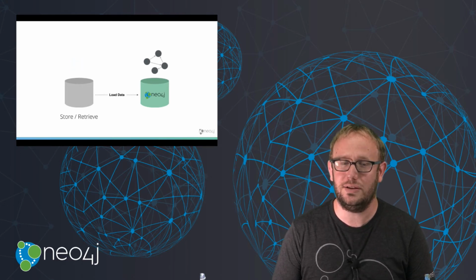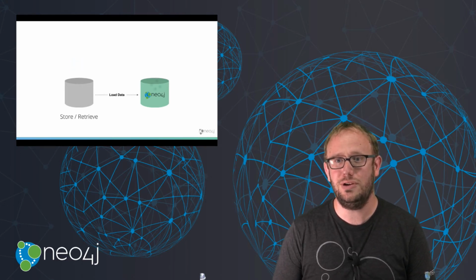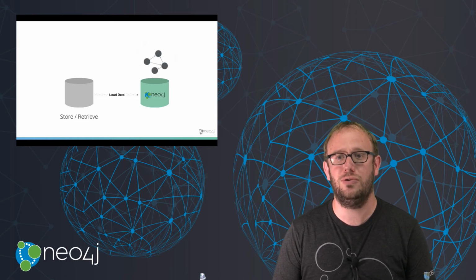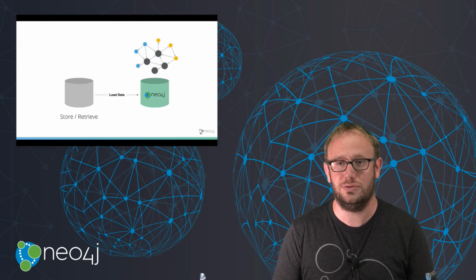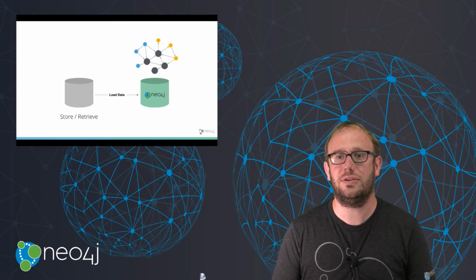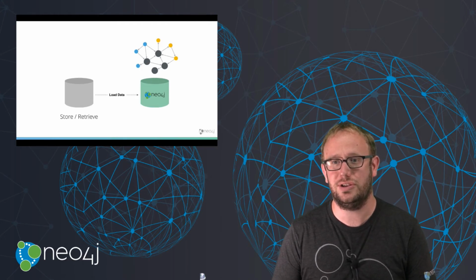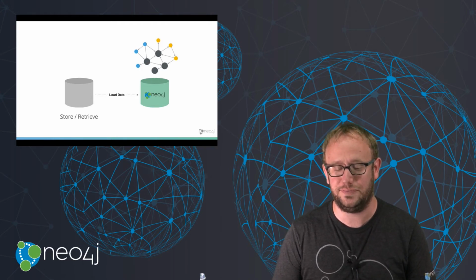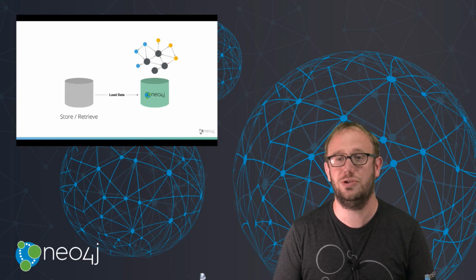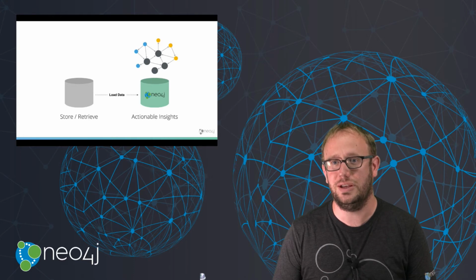You're storing that in the graph, and then as you pull it back out, you don't only pull out those nodes, but you also pull out the related nodes, the connections, the data around the data. And this really helps you make smarter decisions, giving you actionable insights from your data that allow you to improve your business processes.